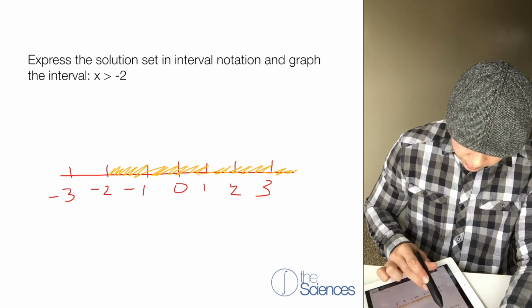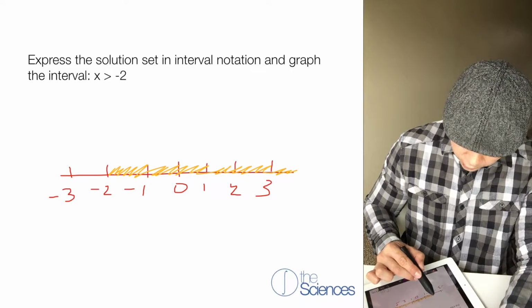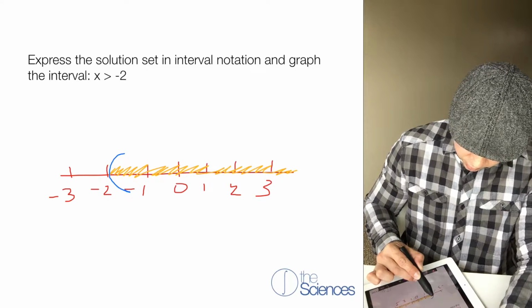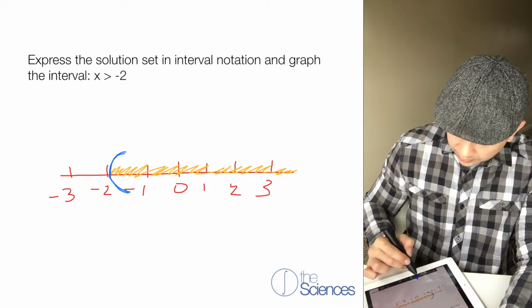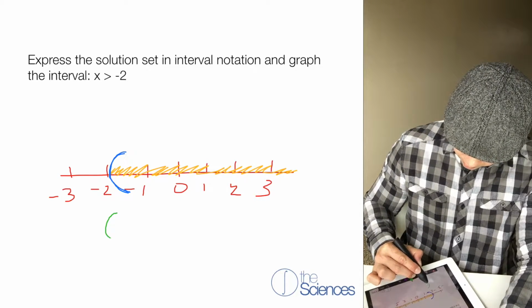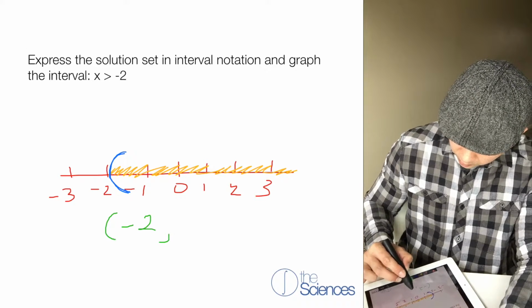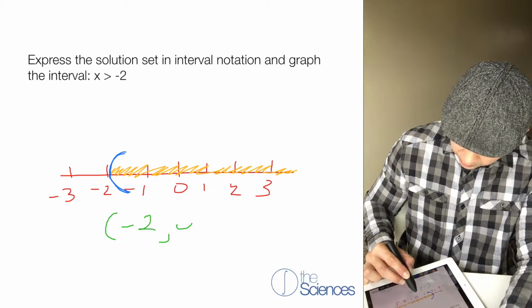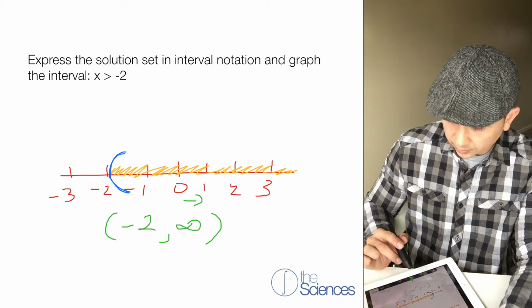But we know x does not include negative 2. So we use the parenthesis sign. So to write this in interval notation is parentheses negative 2, comma, infinity, because x is going in this direction, parentheses.